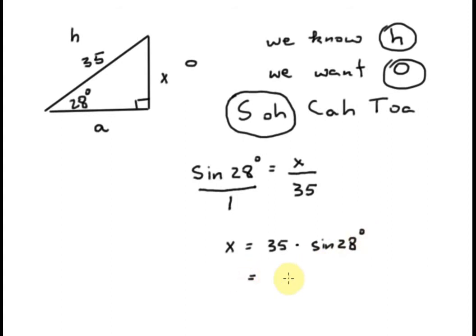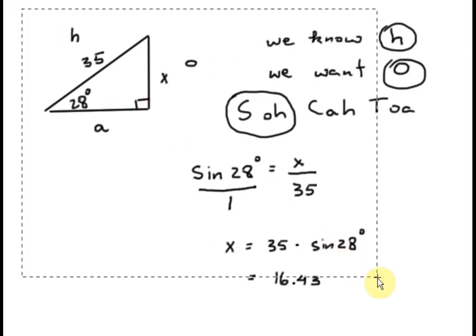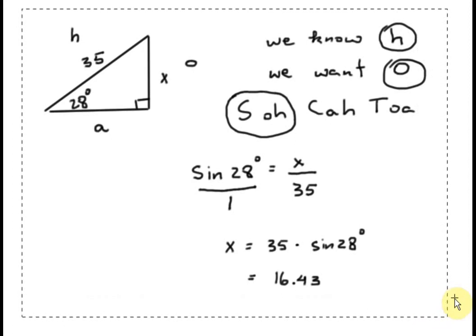And to two decimal places, I found that number to be 16.43. So that's trig in action. Let's do one more example, and then I think that will suffice.